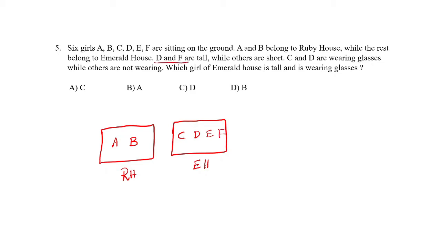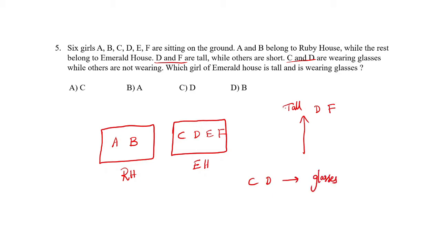Now see, D and F are tall, while others are short. D and F, 2 members are tall compared to other members. Remaining members are short. C and D are wearing glasses, while others are not.